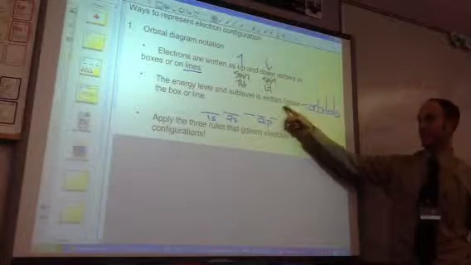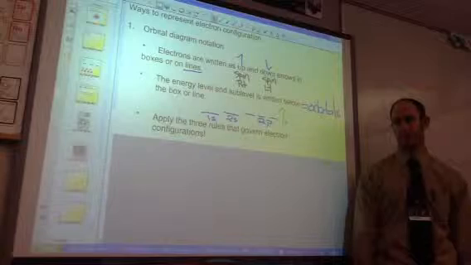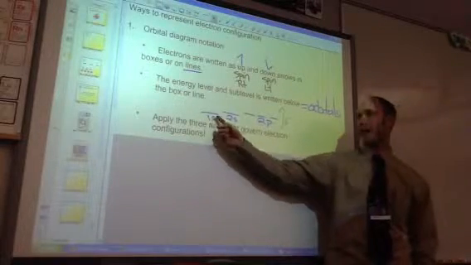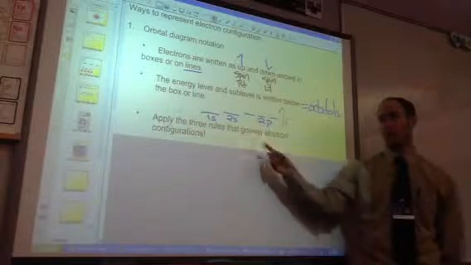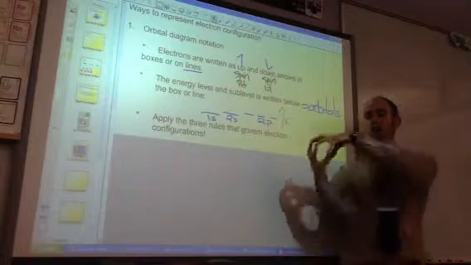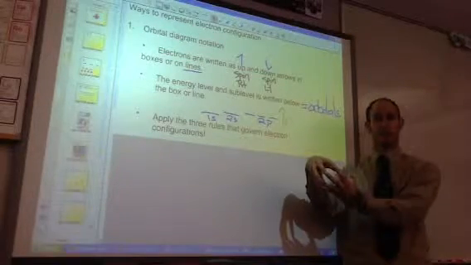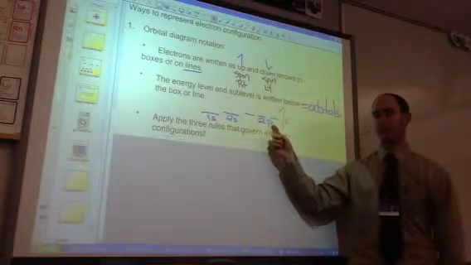Energy does increase as you go up. Do we remember why S has one line? Sphere, it's got only one. It's a sphere. No matter how I turn a sphere in space, it's always facing the same way, right? What shape is a P?